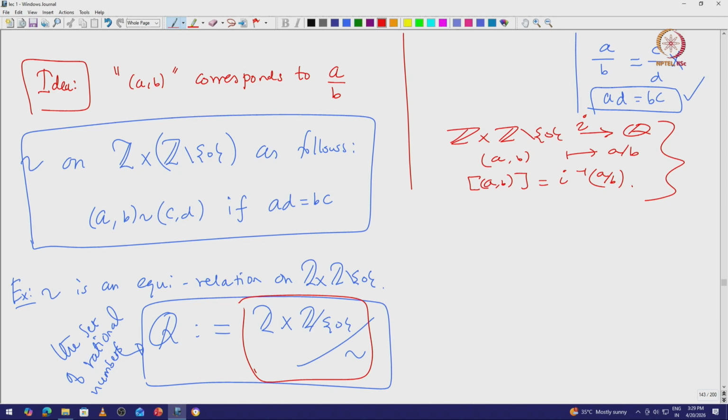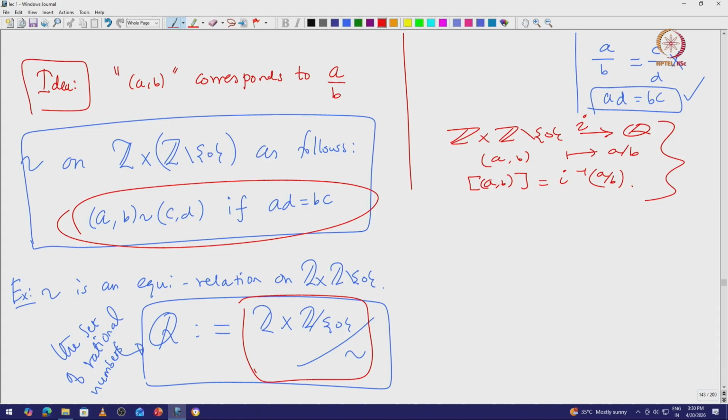So, that is why we have taken this as the definition. You take Z cross Z difference 0, then go modulo this equivalence relation, which is motivated from interpreting the tuple A comma B as A by B. Now, as before, we are going to define addition and multiplication on this quotient set, and that will make this set of rational numbers interesting.